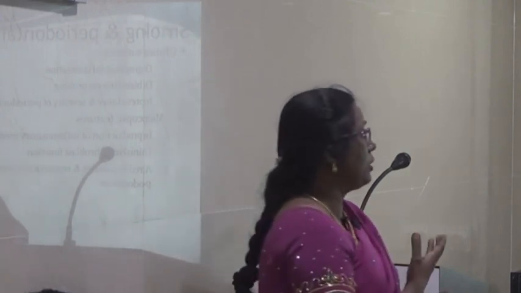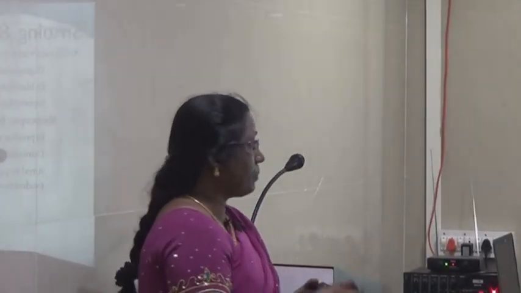Usually we say in smoking patients, even though they have periodontitis, bleeding on probing will be minimal or none, isn't it? That is because of the altered reparative and regenerative potential of the periodontium and diminished fibroblastic function.